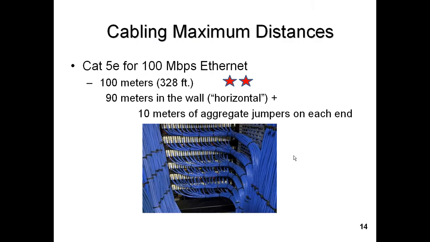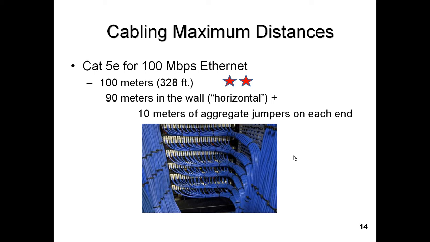Now, the EIA-TIA sets standards for the distances of the cable, and the primary distance standard that they look at is Cat 5e cable for 100 megabit Ethernet. The maximum distance per the standards is 100 meters or 328 feet. And what they're talking about there is the horizontal cable, and by that we mean we have a jack on the wall, and behind that jack there's a cable.